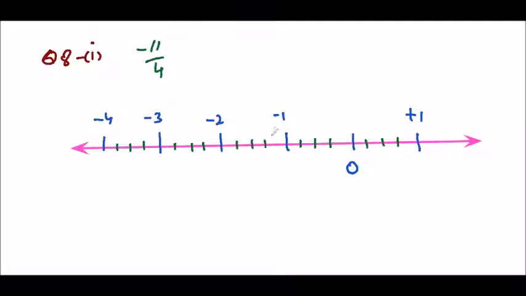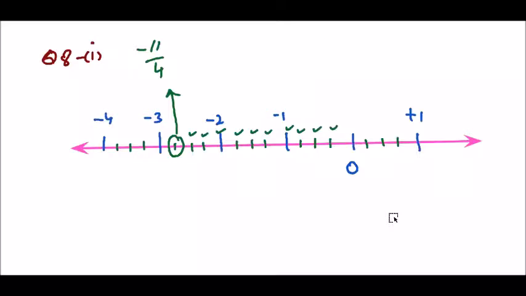Now count from 0. 1, 2, 3, 4, 5, 6, 7, 8, 9, 10, 11. Now this is our answer. This is -11/4. I explain on the same page. I remove some parts and then I explain.